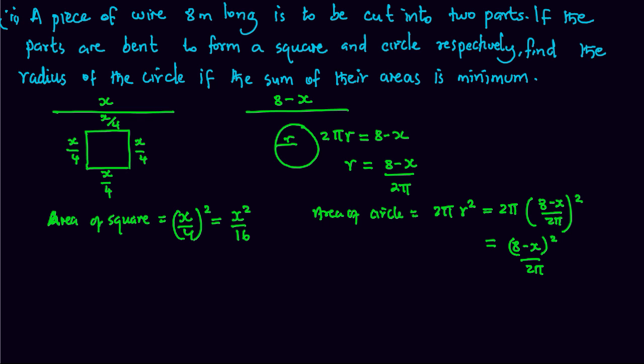So the sum of the areas will be x squared over 16 plus (64 - 16x + x squared) divided by 2 pi.